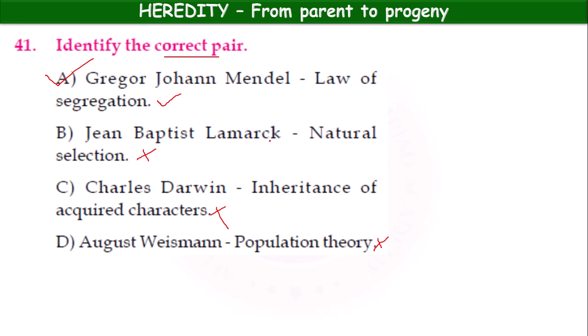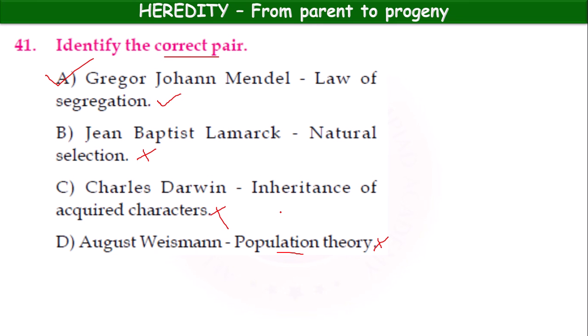Jean Baptiste Lamarck is not considered with natural selection; he proposed inheritance of acquired characters, the use and disuse theory. Charles Darwin proposed natural selection, survival of the fittest. August Weismann proposed another theory. The population theory was proposed by Malthus.